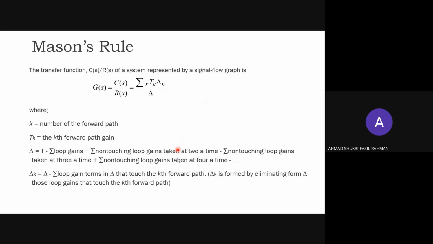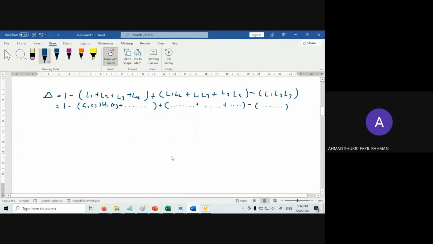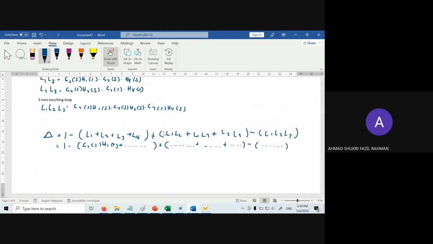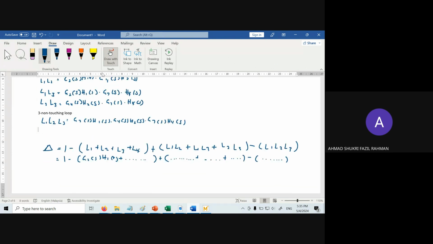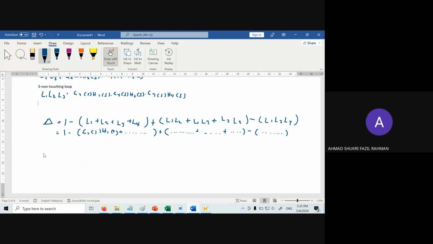Or as you can see here, we can eliminate from delta. So again, we need to go back to this example. Okay, so delta k is actually delta 1 because this one is referring to T1.